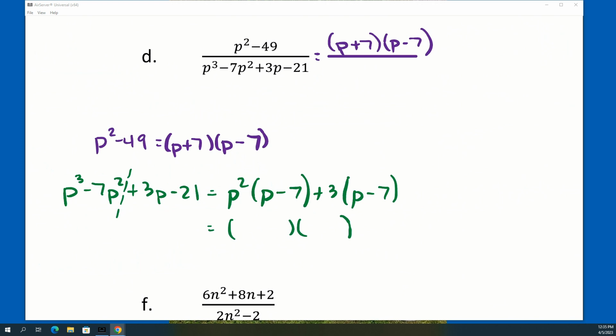Right, and then after you do that, if everything works out, these should be the same. If they're not the same, something's wrong. Either I messed up making the problem out or you messed up factoring.